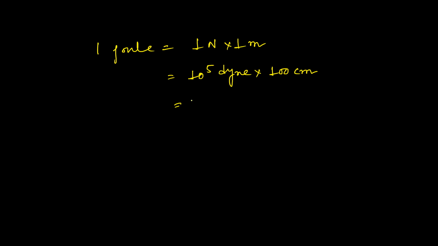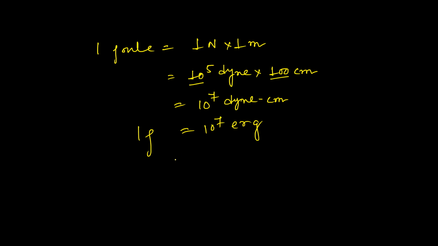So we get 10 to the power 5 multiplied by 100, that is 10 to the power 7 dyne centimeter, which means 10 to the power 7 erg. So 1 joule equals 10 to the power 7 erg. This is the basic relation between the units.